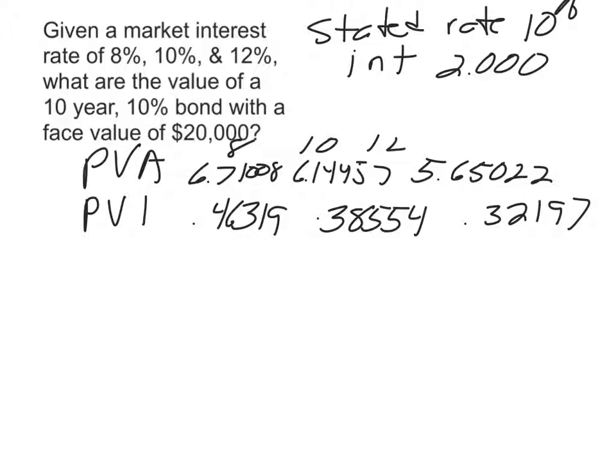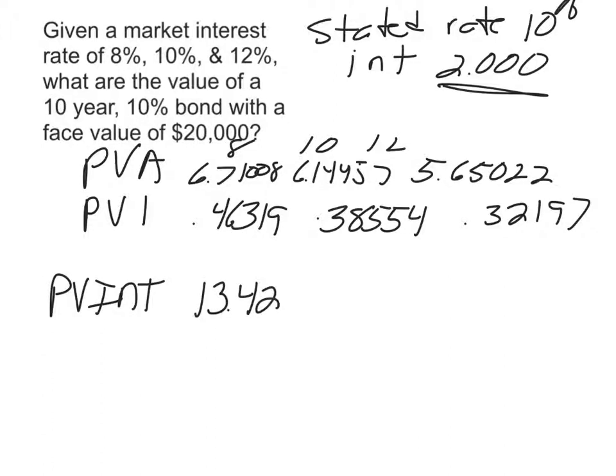Then we need to figure out what the present value of the interest is. So that would be the $2,000 stated interest times the present value of an annuity factor. So for 8%, the present value of that is $13,420.16.